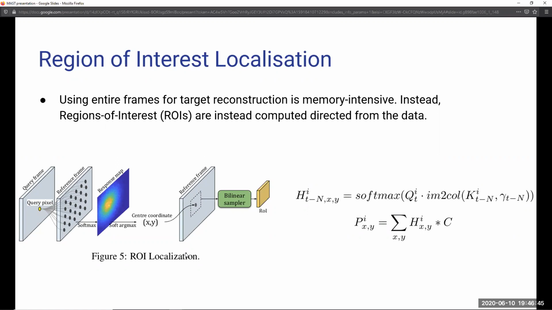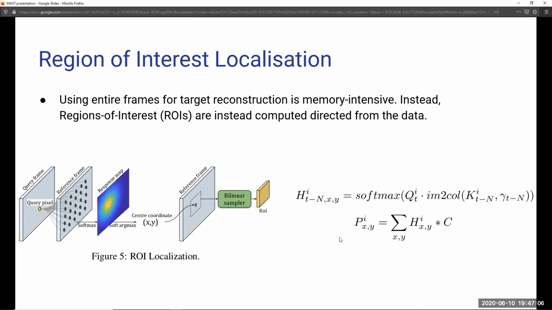Then using a window C, the center coordinate, we estimate the center location of the region. So how it does it is, this is our center, or let's say our window.